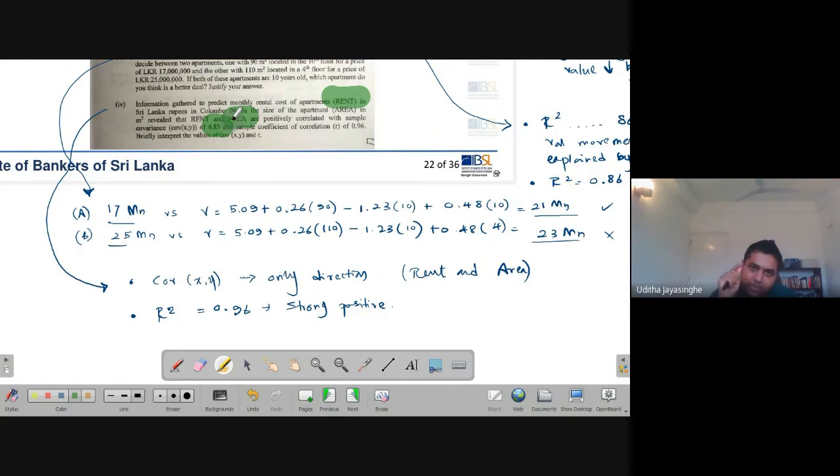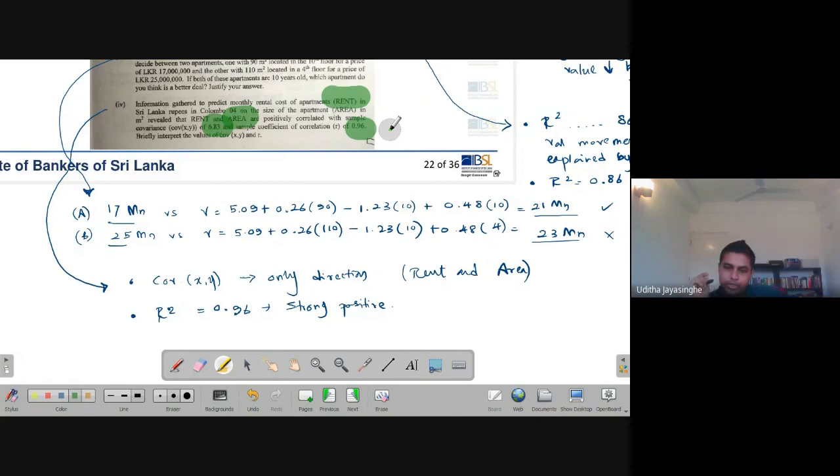Only by looking into the coefficient of correlation, this coefficient of correlation of 0.96, is the concluding point, saying that it is a strong positive correlation. In the data collected for this model building of rent and area, not only are they scattered all over the place, but they are scattered pretty much in line.